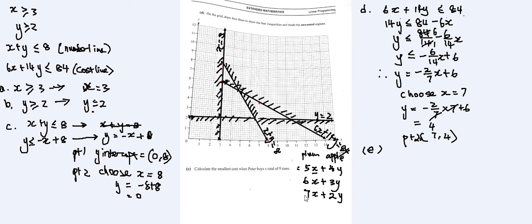But remember this area is the wanted area, so the maximum you can go is 6 palm trees and 3 apple trees.